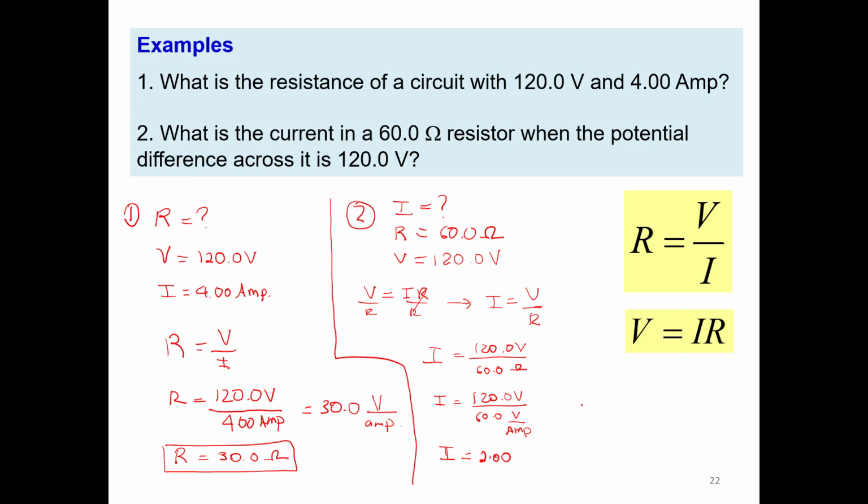Let's check the units quickly. We have volts on top, and in the denominator volts divided by amp. We can change the division to multiplication and just flip the fraction, flip the units. Then volts cancel out and we have the unit amp. And this is why the unit here must be amp.